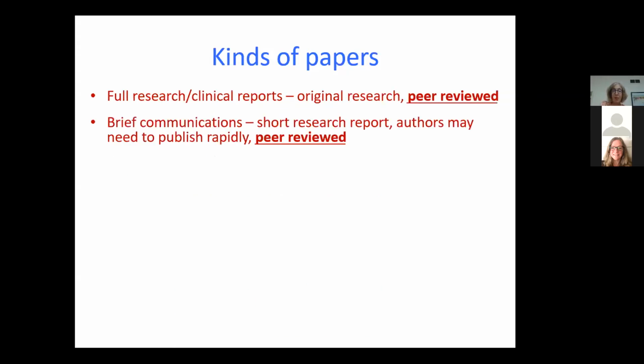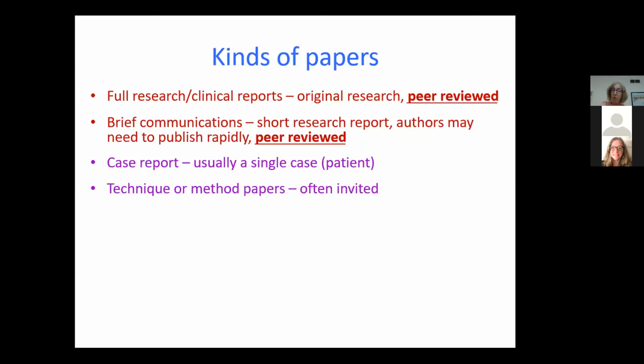So getting back to the types of papers, another sort is a case report. This is usually a clinical paper, and it might be about a single case or a single patient, something unusual or interesting about that patient. Then there are techniques or methods papers.